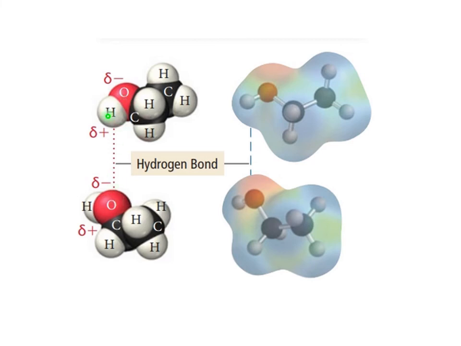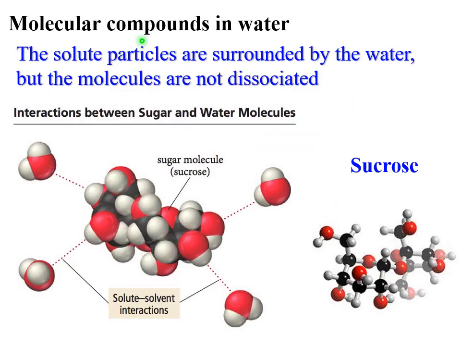Still the same positive charge on hydrogen, negative charge on oxygen. Larger compounds of molecular nature dissolve in the same manner. Solute particles are surrounded by water molecules. These molecules are not dissociated.